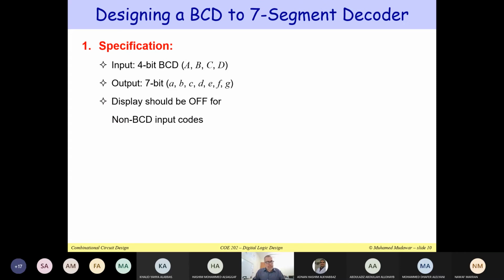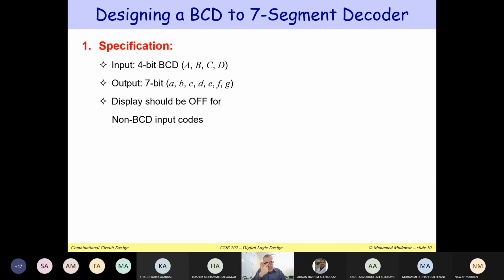So we start with the specification. The input here consists of 4 bits, and it is BCD code, and I'm naming it as capital A, B, C, D. And the outputs are 7 bits, and these are lowercase a, b, all the way to g. So these are for the 7 segments. And the display should be off if the input is non-BCD. Okay, so the BCD input will be from 0 to 9, but because we are using 4 bits, then we might also have inputs from 10 to 15.